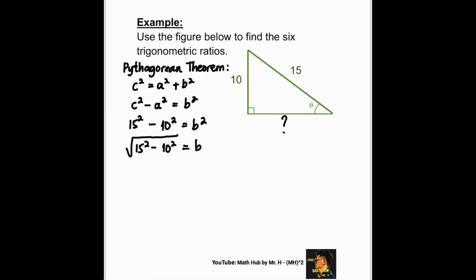And 15 squared is 225 minus 10 squared is 100 equals b. And we simplify, so 225 minus 100 is 125 equals b.